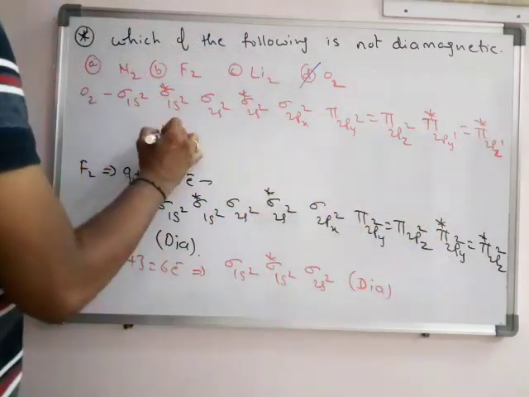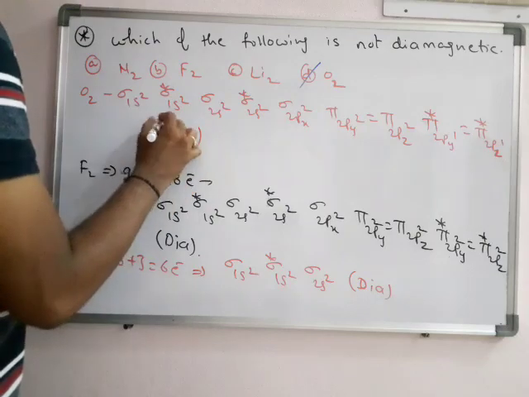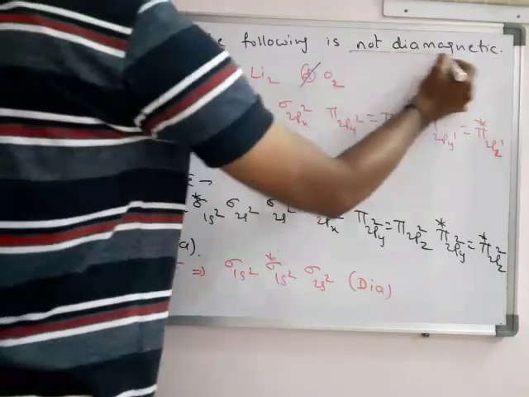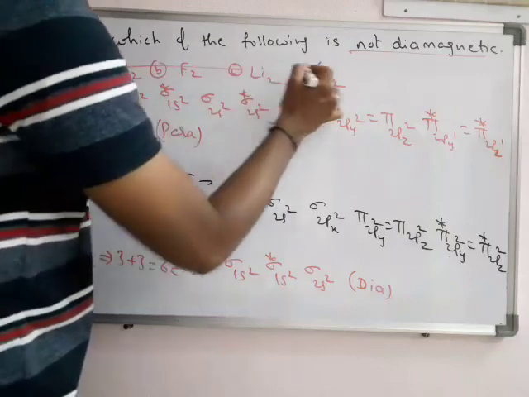Therefore it is paramagnetic. The question asked which is not diamagnetic; the other three are diamagnetic, so the answer is O2.